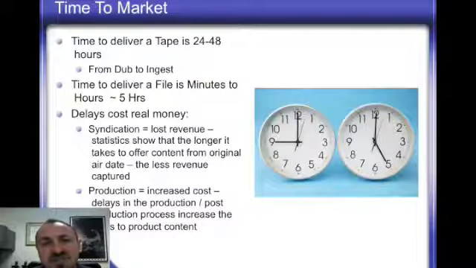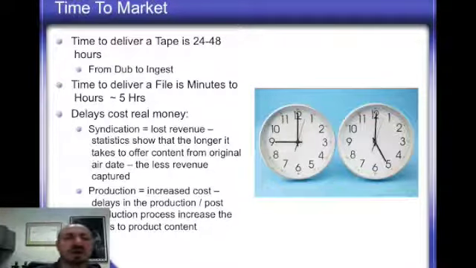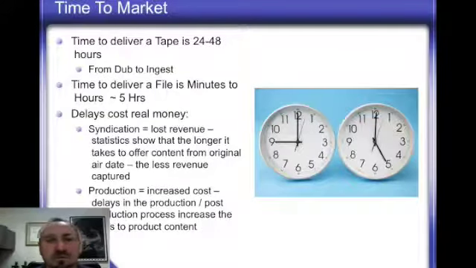In the case of syndication, we've read studies where if you've aired something to broadcast at 10 o'clock at night, and it's not on your syndication portal or your online store within 12 hours, you're losing revenue every hour after that, because there's a content freshness factor. Some people are going to want to watch the show a week later, but most people want to catch it right away. And so you've got a curve of lost revenue as time goes on. So shipping tapes is not really efficient. Plus, the reality of it is it just doesn't scale.